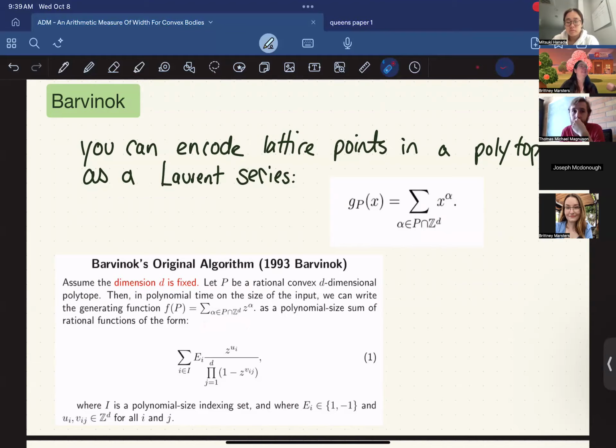It's not so impressive if you think about a polytope, but it's more impressive when you think about polyhedra. You've got infinitely many lattice points, and we're taking an infinite expression and giving it a nice finite compact expression in polynomial time. These sorts of things form the basis of a lot of different software, like if you've ever heard of LattE and things like this. Okay? And so we wanted to look at what this does in our setting.